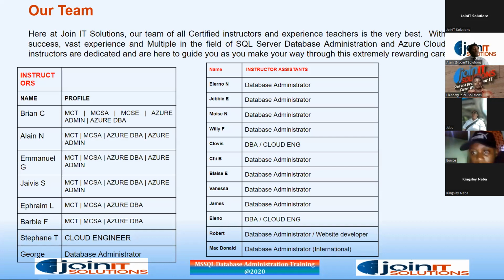We have Prof. Jaivis Sama, another very brilliant prof. He is also, as you can see, certified and an Azure DBA, next level, right? We have Prof. Ephraim, in-house performance tuning guru. What that means is simply he knows a lot. Right? So that is our certified instructor as well, both SQL Server and Azure.